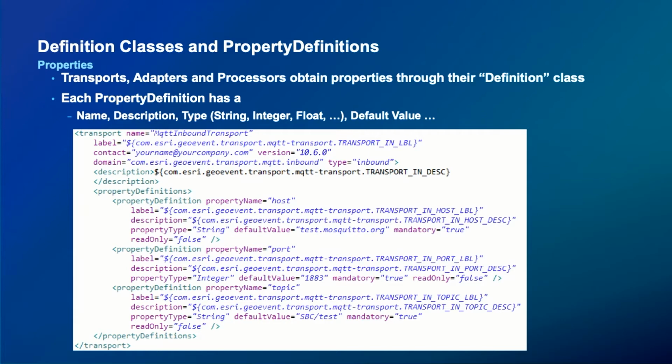Inside the curly bracket, we first have the Maven group ID of the component, which will match the folder structure of the properties file in the resources folder. And then we have the Maven artifact ID, which corresponds to the property file name. And finally, we have the key of the localized string, all in uppercase. GeoEvent Server will use this information along with the locale of the server to find the localized strings to replace the ${} curly bracket notation.